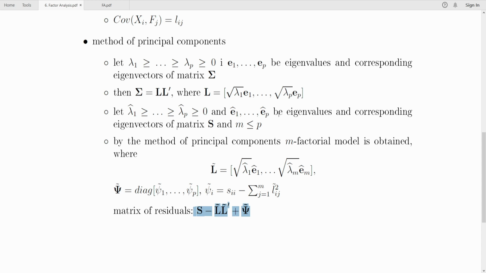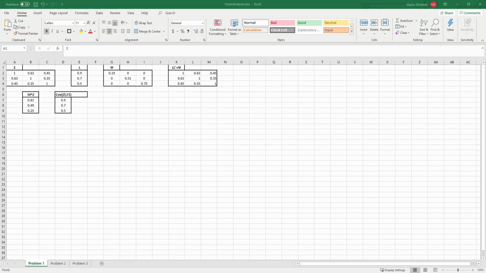Okay, let's move to the exercises, Excel. While listening to the lecture, open the PDF. There we are given the covariance matrix of a random vector, and we need to check if it's generated by this factor model. In this factor model, we only have F1 unobservable, which looks standardized, and we have the loadings matrix L, where 0.9 is the first loading on F1, then 0.7 and 0.5.